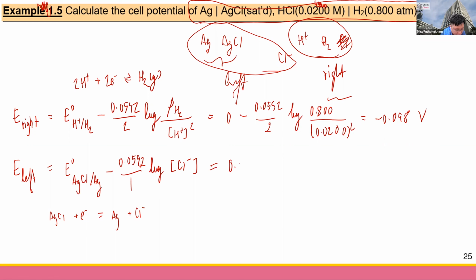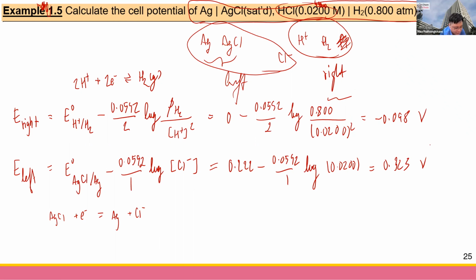So you plug the number. This is 0.222 minus 0.0592 over 1 log. What is the concentration of chloride? You can see hydrochloric acid is 0.02 molar, so it is the same number, which gives 0.323 volt. So that's E right and E left.